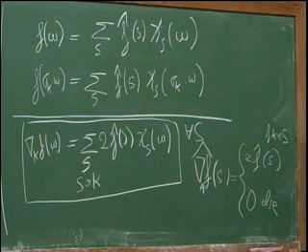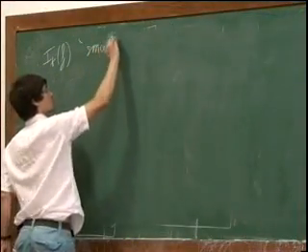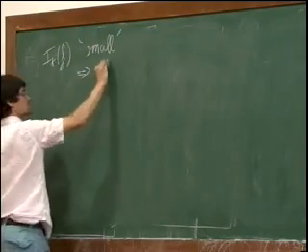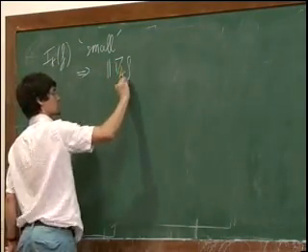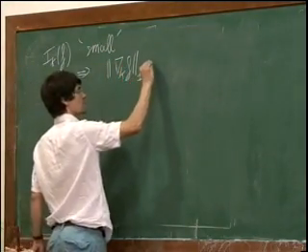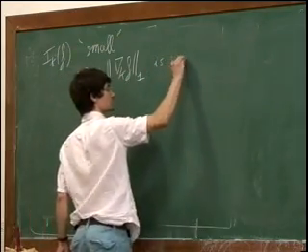Influences are small: I_k(f) is small. It means that this L1 norm is small.